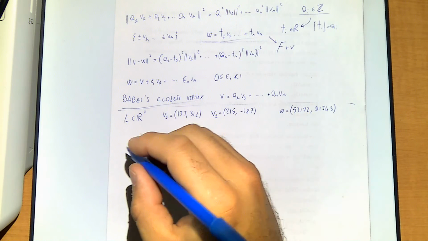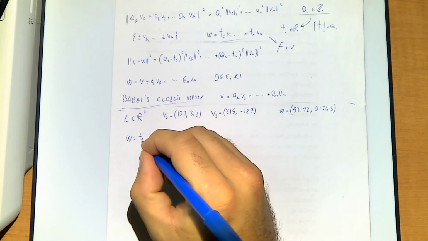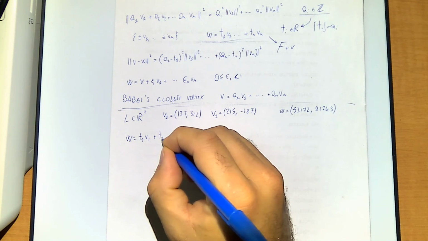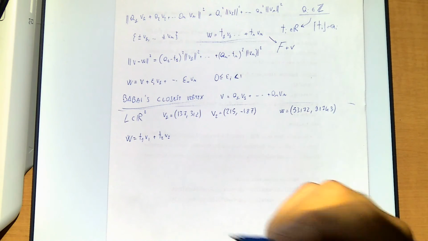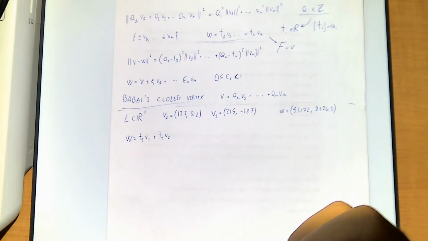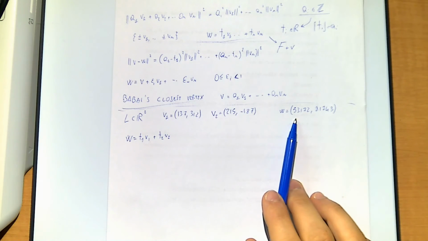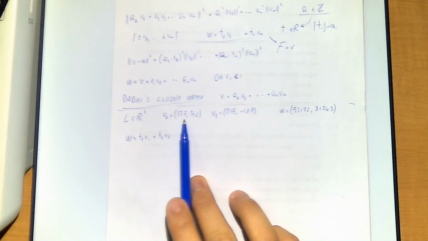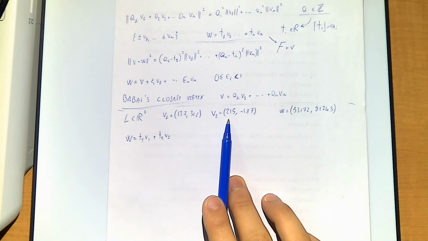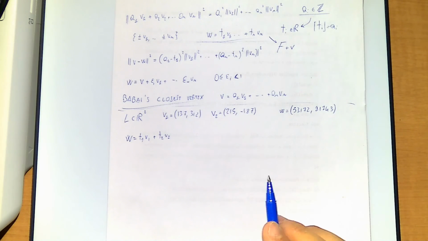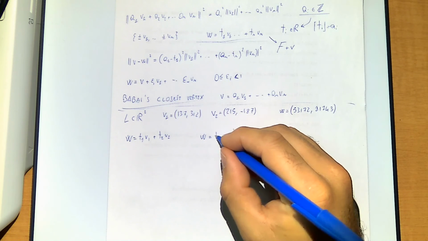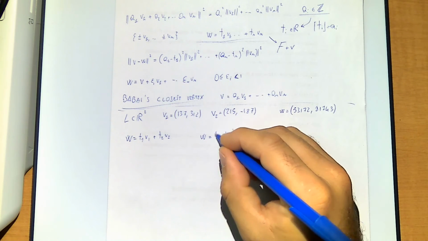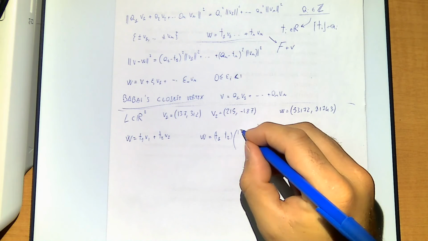So what we're going to do is write W as T1V1 plus T2V2, and you can do it with linear algebra. You want, for example, 53172 to be T1 times this plus T2 times that. So you're actually writing W as T1, T2 times the two vectors.